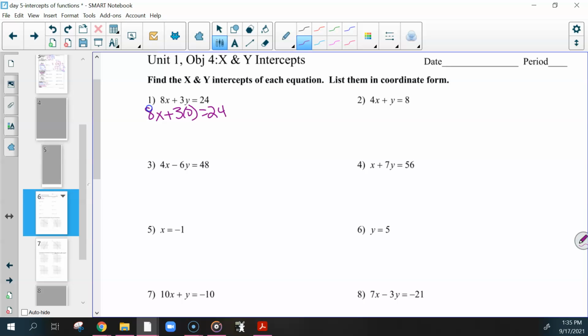So this middle term would become a 0, which means really all I have is 8x equals 24. And I can divide to get 3. So 3, 0.